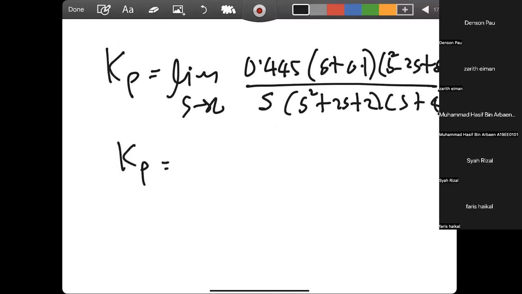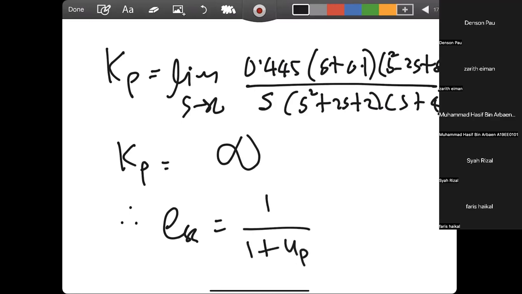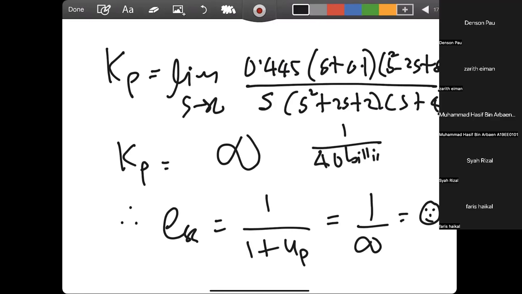When you insert that, Kp will be infinity, so the steady state error will be 0, one over infinity. Check it out.